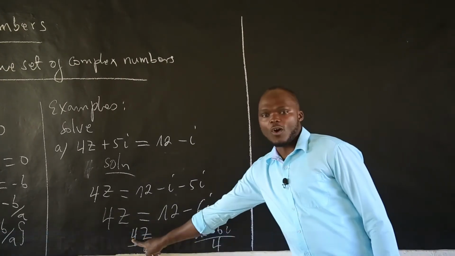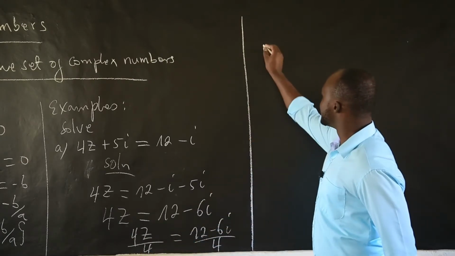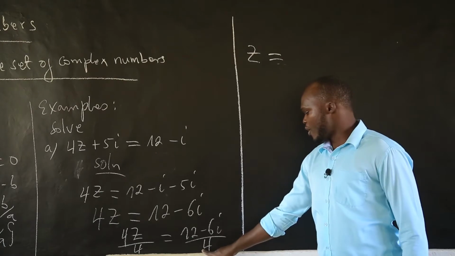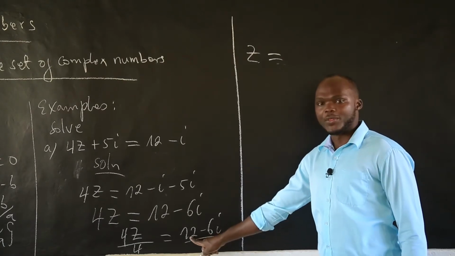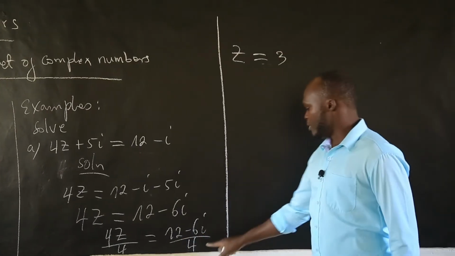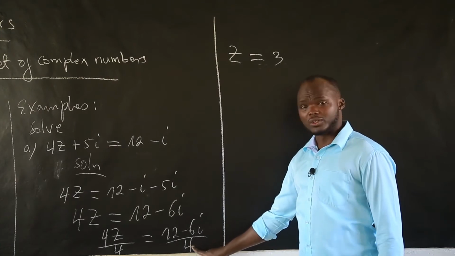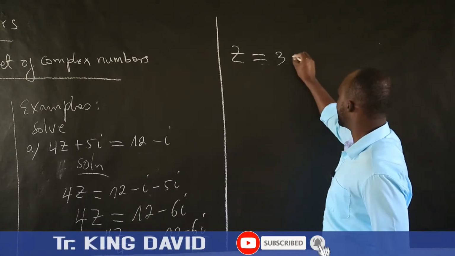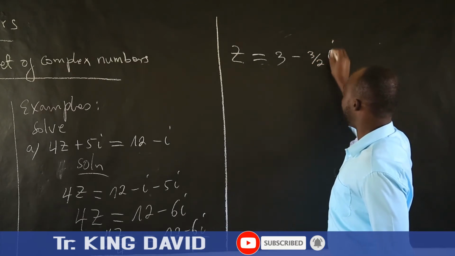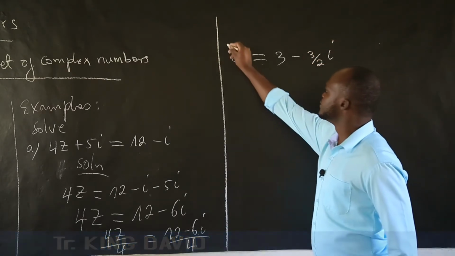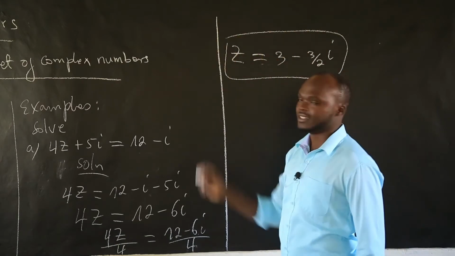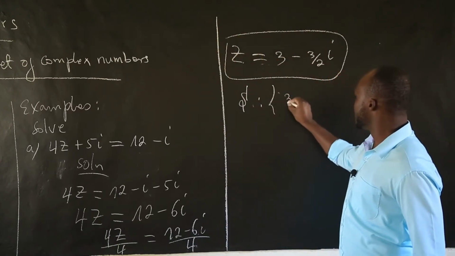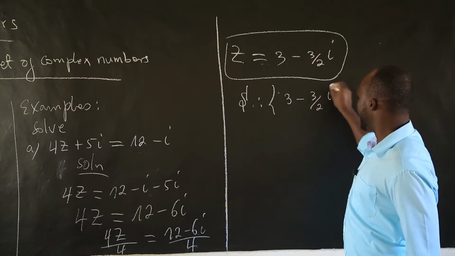So Z equals 3 minus 3 over 2 I. That is the value of Z, so our set contains 3 minus 3 over 2 I.